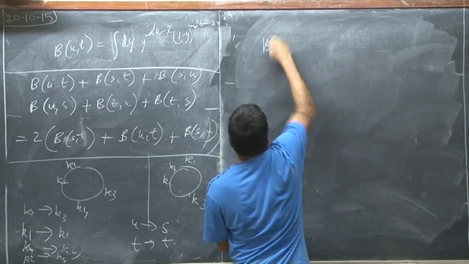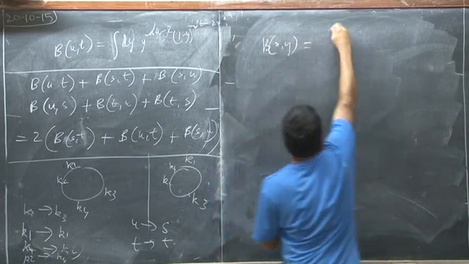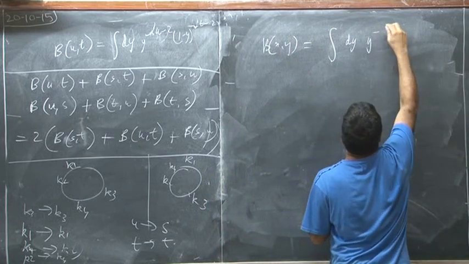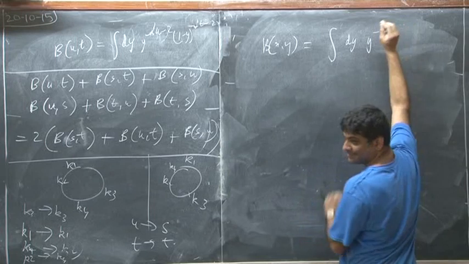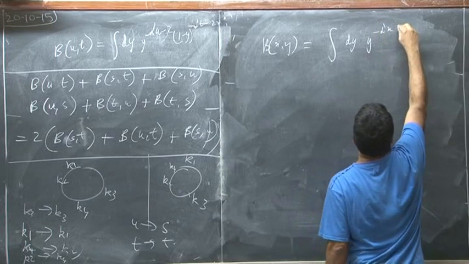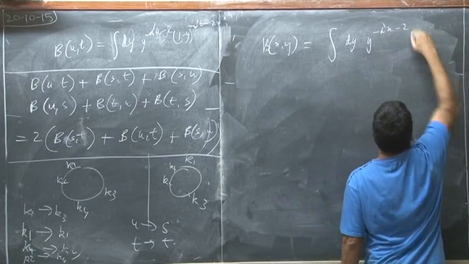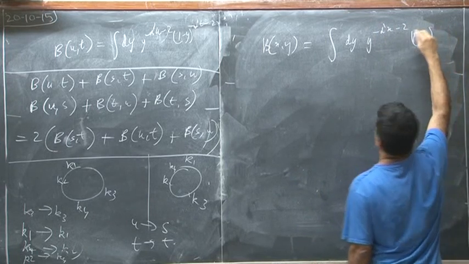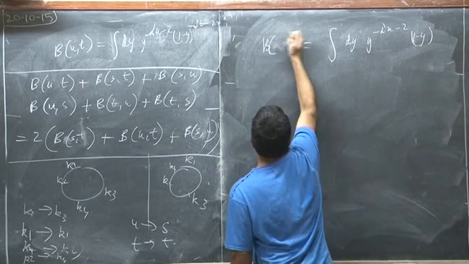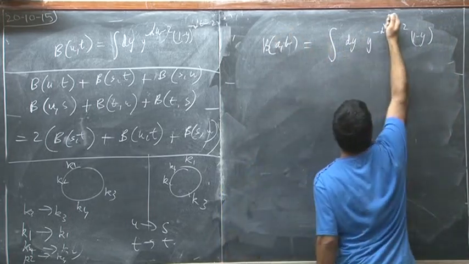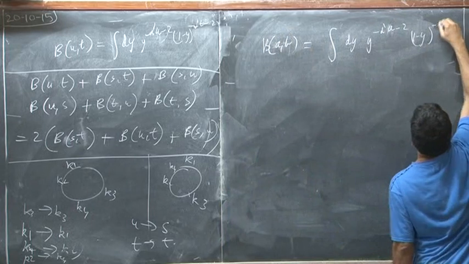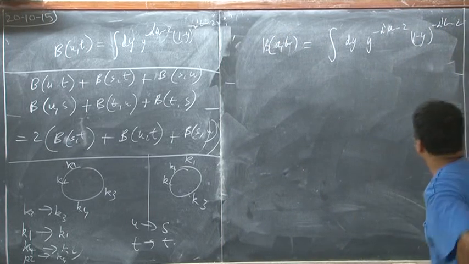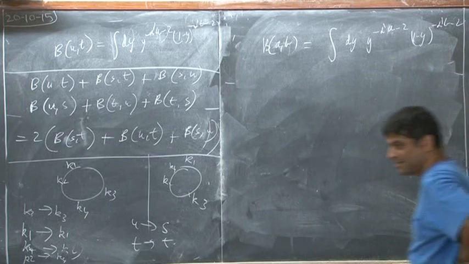So b of x and y is equal to the integral dy y to the power minus alpha prime x minus 2, 1 minus y to the power minus alpha prime y minus 2. Okay, what can I say about this object?